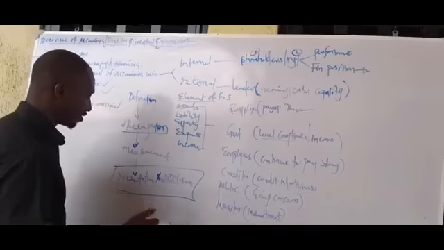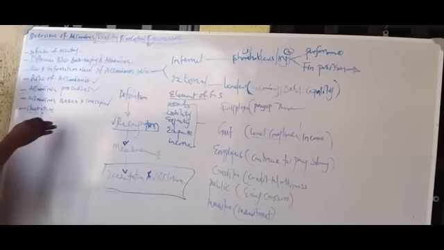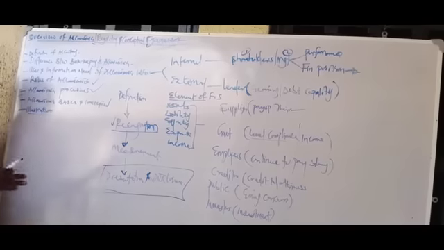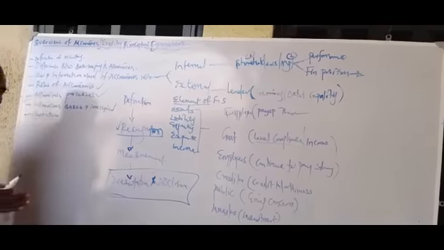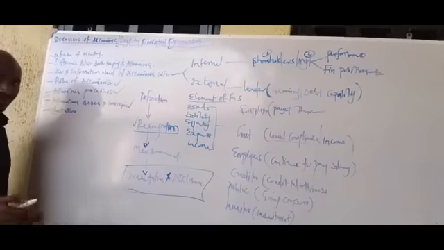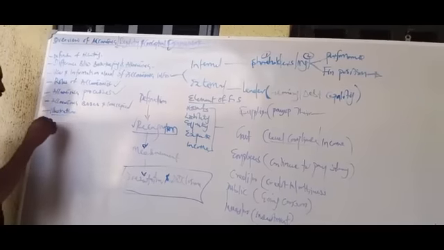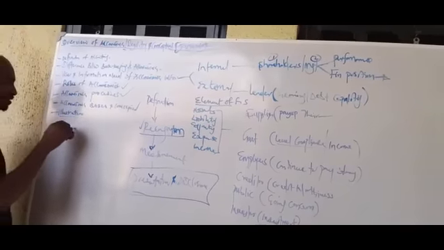When we talk about accounting bases and concepts, we are looking at the guidelines, what you are to follow as an accountant when you are preparing your financial statement or financial report, as it were. And so we have what we call three basic accounting bases.